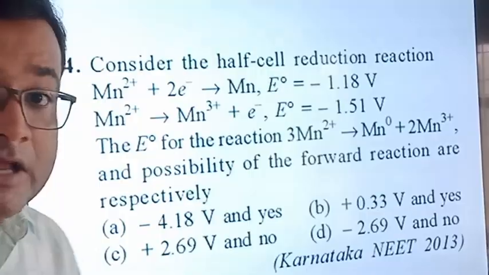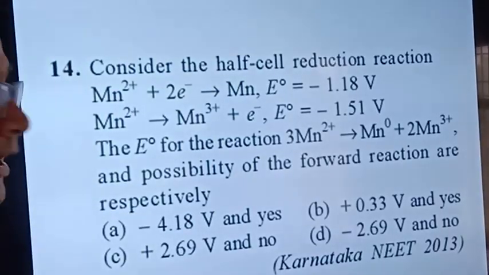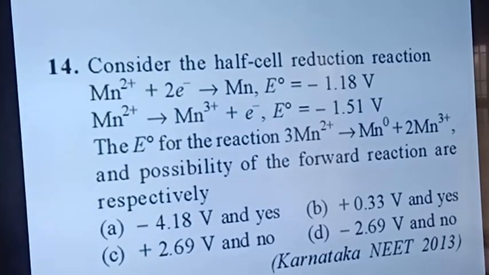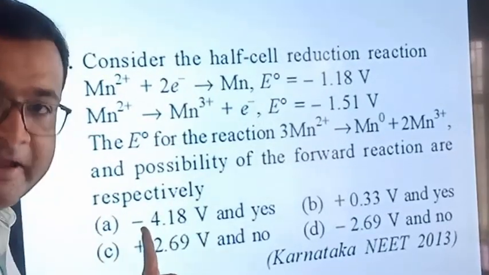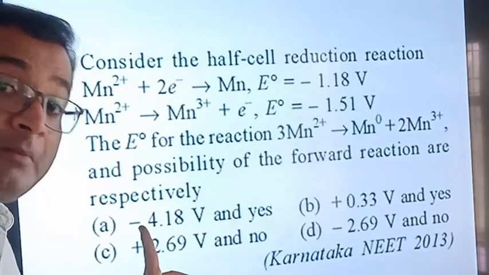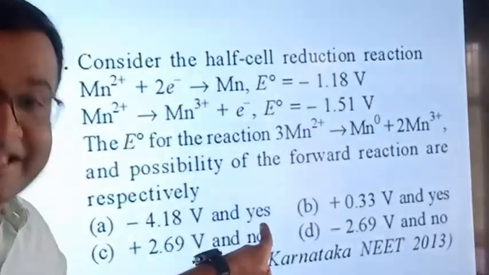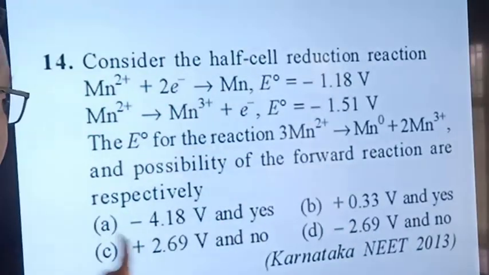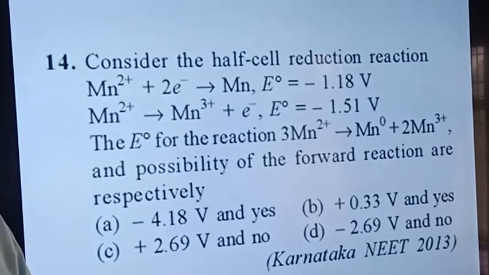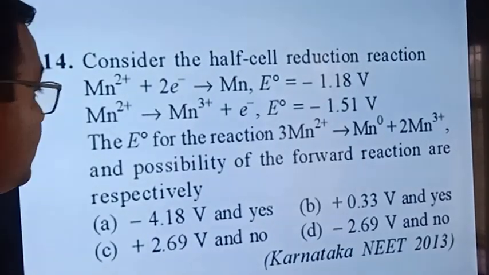Now, by looking at the options, we can eliminate two improper options. See option A: the value is given as minus 4 point something, and it says yes. No. If it is negative, this should not take place; it must be no. So option A is removed.